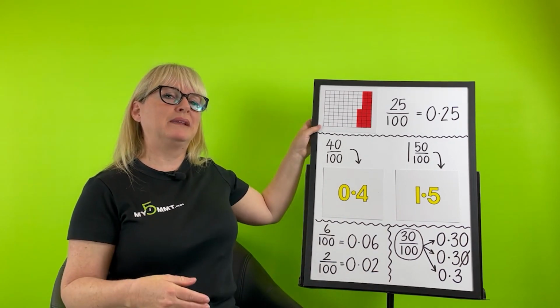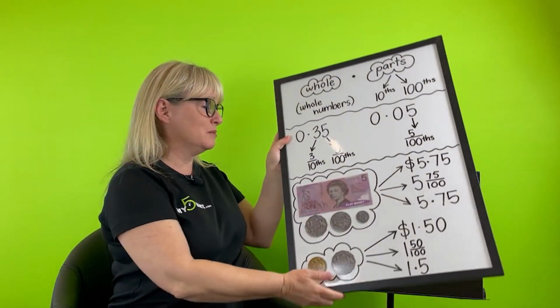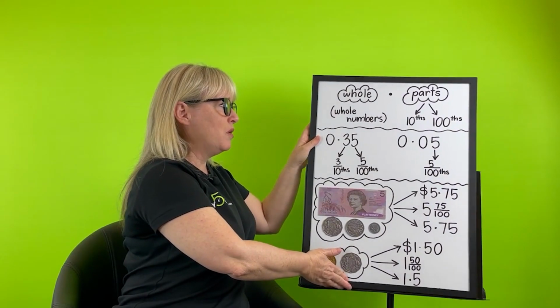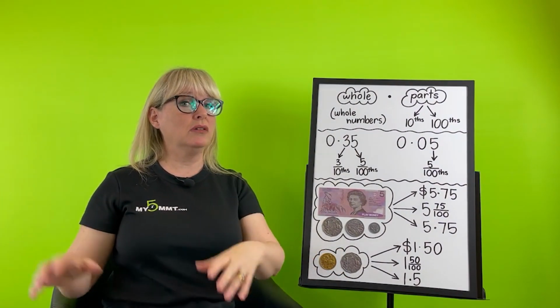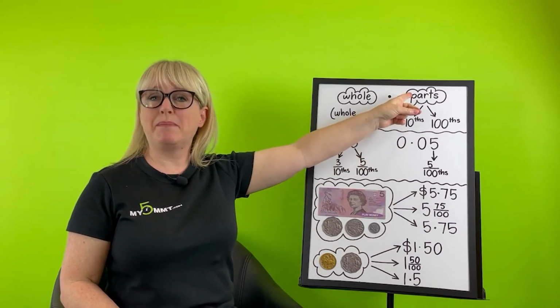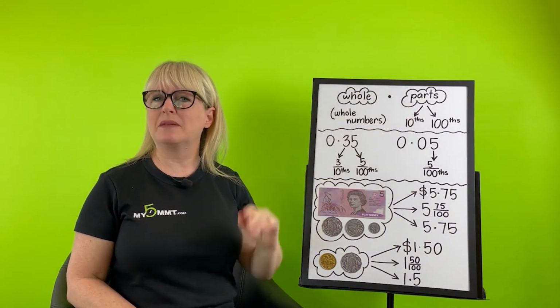It's all about place value, and decimals are hugely reliant on us understanding the place value of where we place our numbers in a decimal will give it its value or worth. So when we have a look, we break down into the whole, decimal point, and then the parts. The whole numbers are on this side, but what's on the other side in the parts?